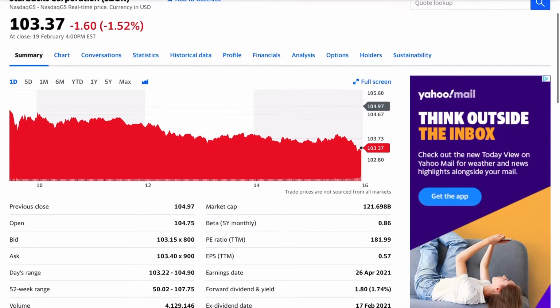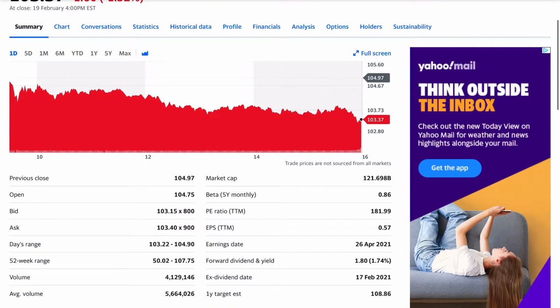Here in the summary, you get the chart, statistics, conversations on the particular company, historical data, profiles, financials, analysis, etc. Just taking a brief look, I do not pay much attention to charts because, for me personally, they do not give me the information I really need for investing in these companies in the long term.